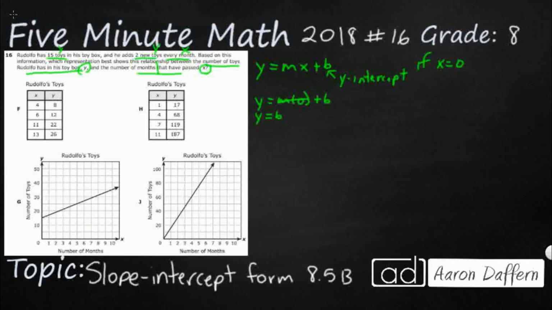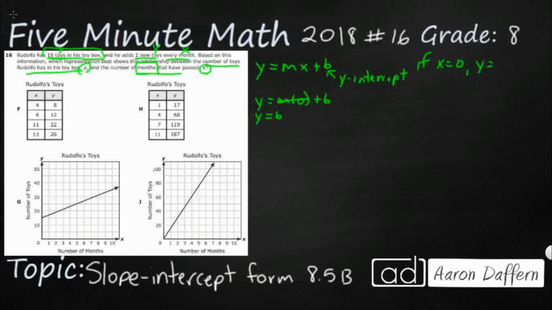X is the months. Okay, so at 0 months, what do we have? Well, look what it says. At 0 months, so that means it's at the very beginning. What are we starting with? We know this constant rate of 2 new toys a month, but it says Rodolfo has 15 toys in his toy box.